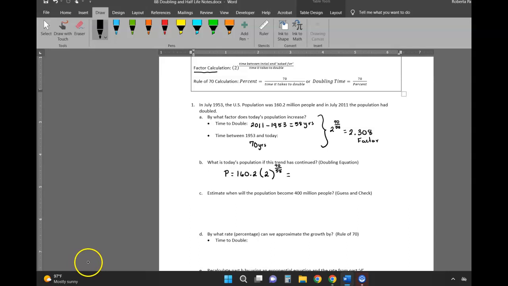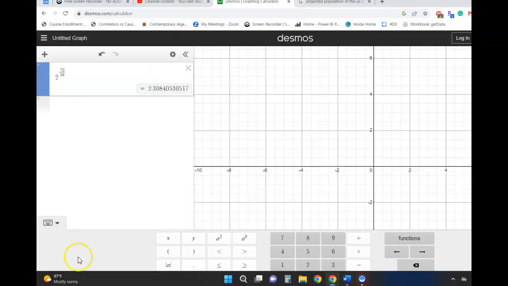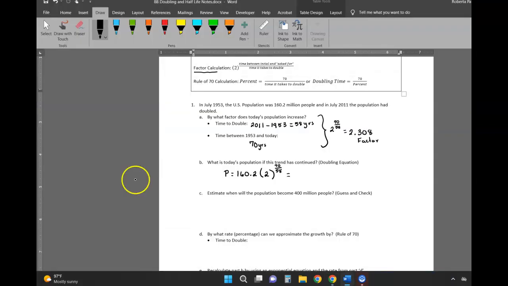And if we type this in, we've already done the first part, but we'll just type it in again: 160.2 times 2, because it's doubling, raised to 70 years for today, divided by 58 years for it to double. We end up with 369.81 million people.